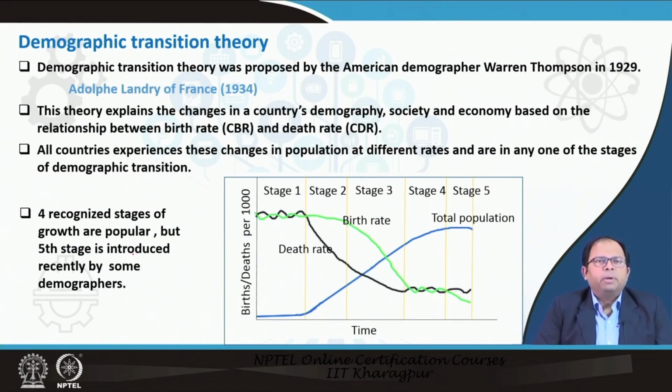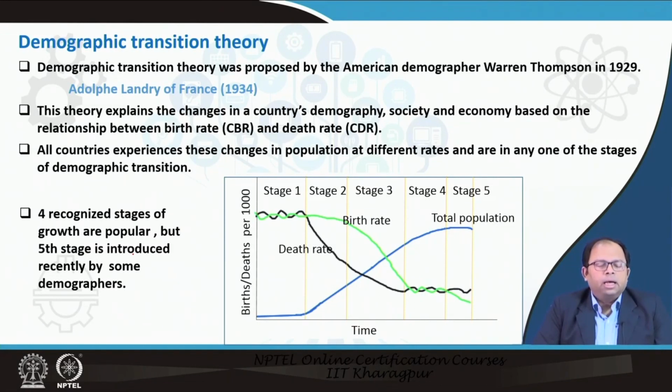This is explained in the demographic transition theory, which was proposed by the American demographer Warren Thompson in 1929, and his work was extended by Adolphe Landry of France during 1934. This theory explains that the changes in a country's demography, society, and economy are based on the relationship between the birth rate, CBR, and the death rate, CDR.